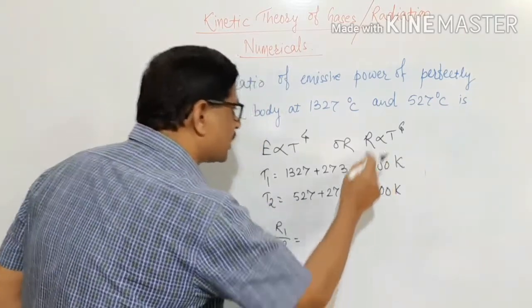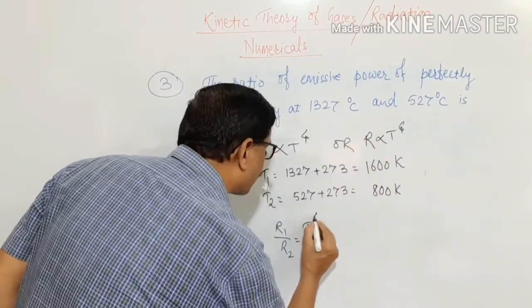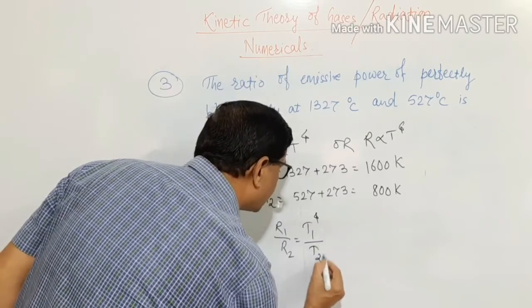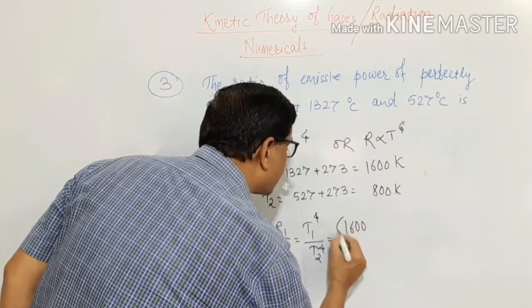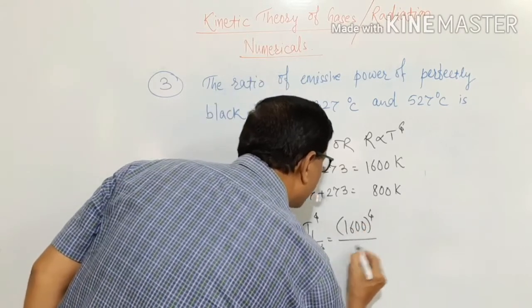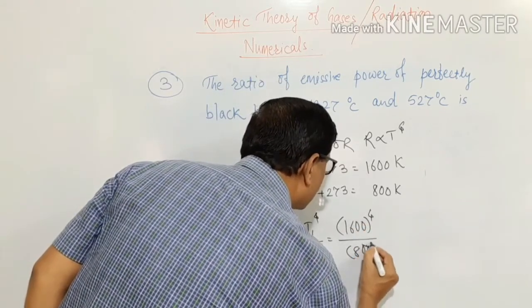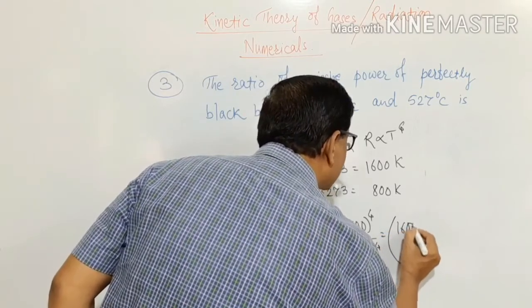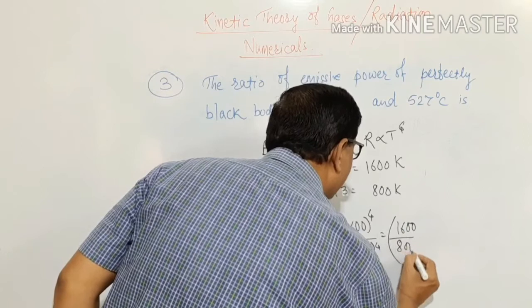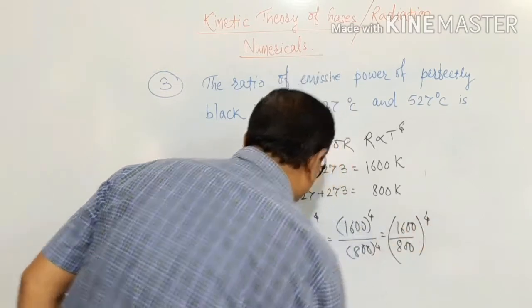Therefore what remains here is T1 to the power of 4 divided by T2 to the power of 4, and hence it is 1600 to the power of 4 divided by 800 to the power of 4, and it comes out to be equal to 1600 divided by 800 to the power of 4.